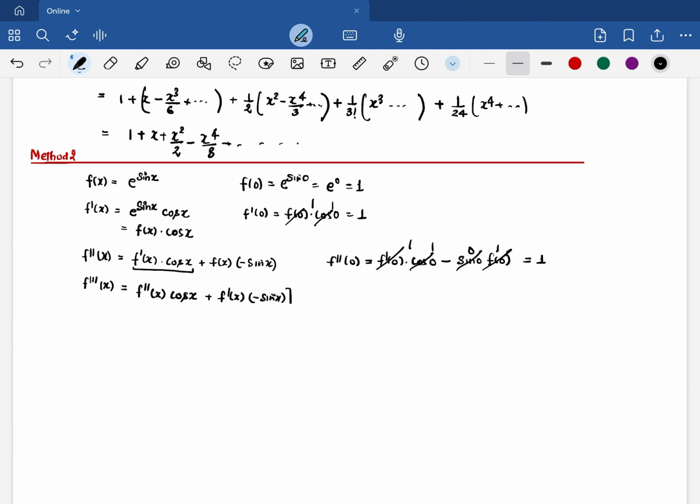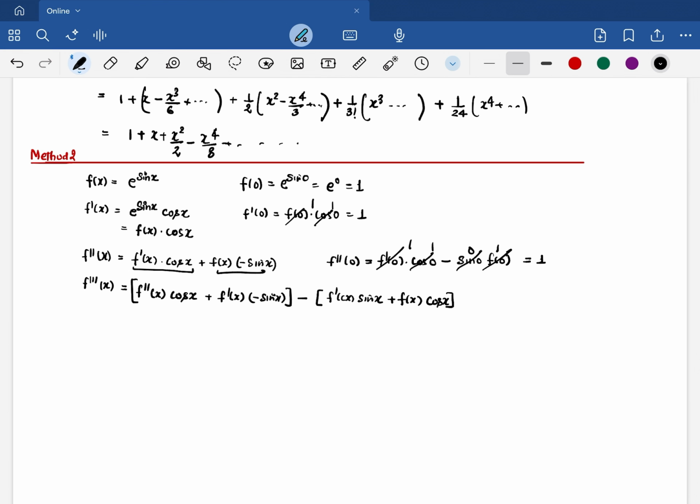So this is your first term. Now let's talk about the second term. Minus, we'll put here, f dash x into sin x plus f of x into cos x.